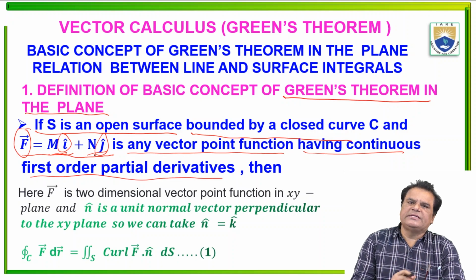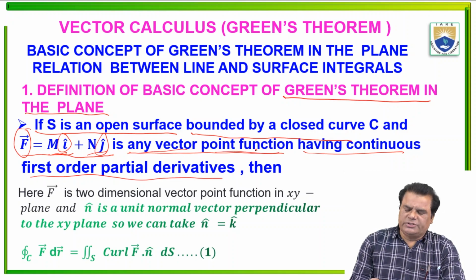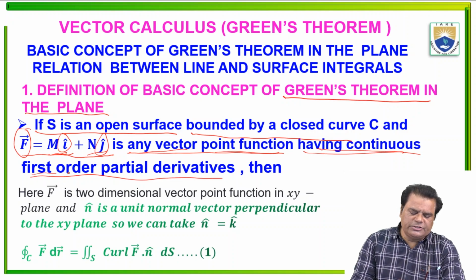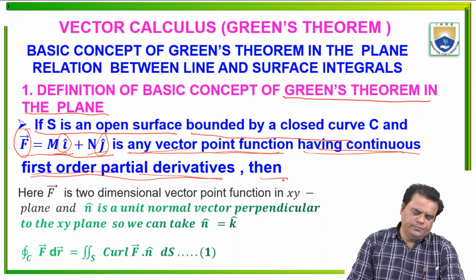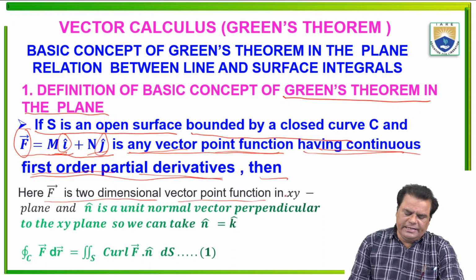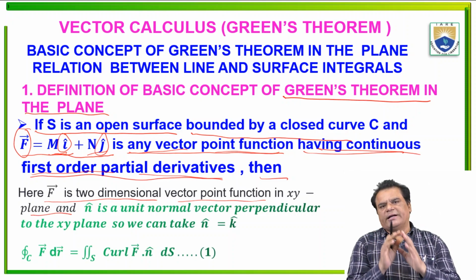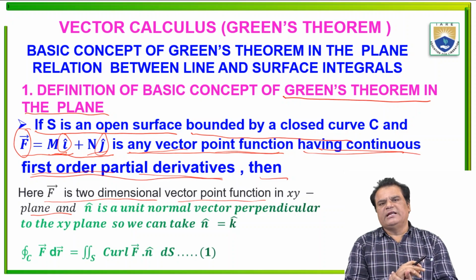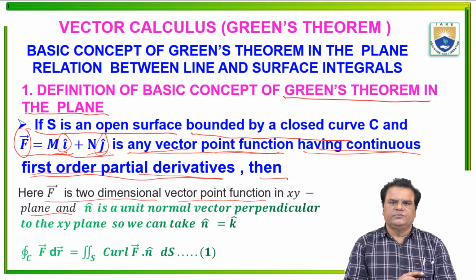This is a two-dimensional vector point function having continuous first order partial derivatives. Then F is a two-dimensional vector point function in any xy plane.